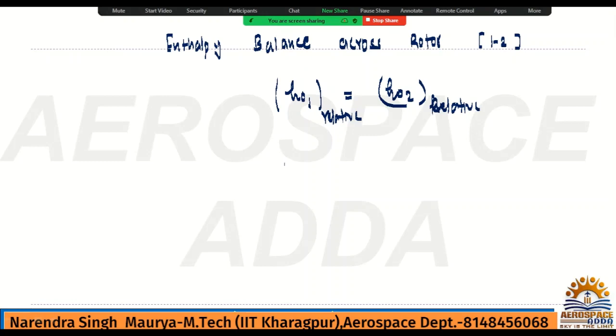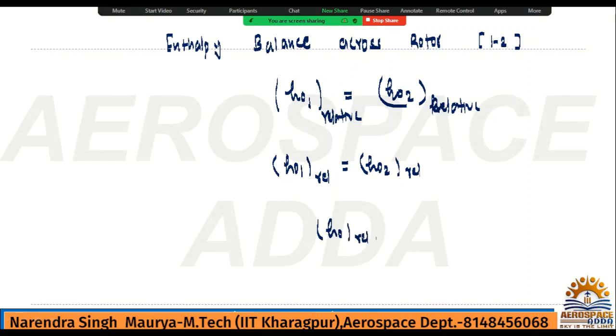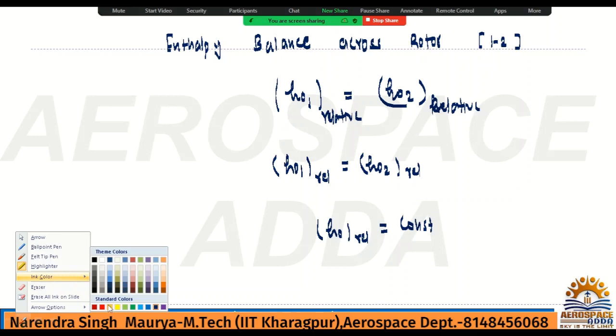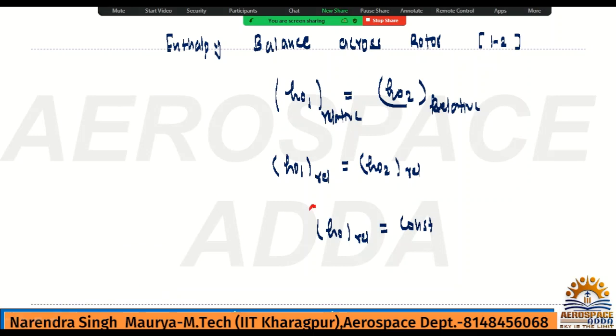So H01 relative is equal to H02 relative. Or you can say the total relative enthalpy must be constant across the rotor.